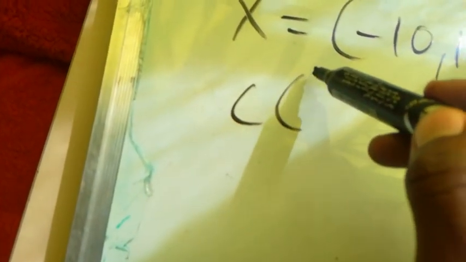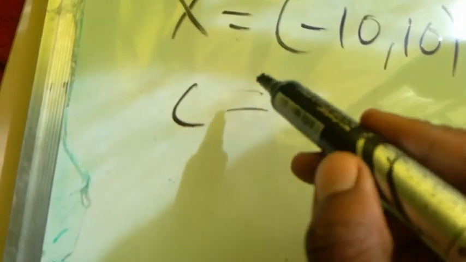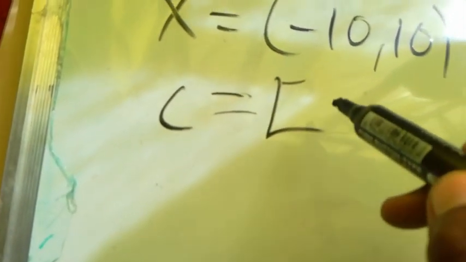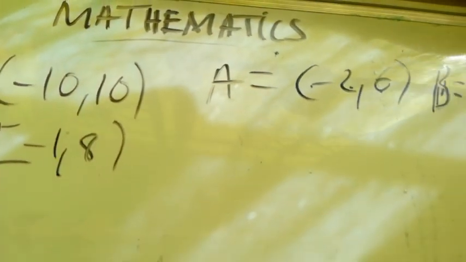And we also have C here. For the sake of understanding as well, let's say for C we have -1, 8. Yeah, let's say we have something like this.